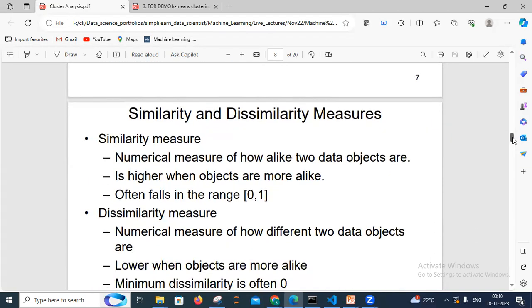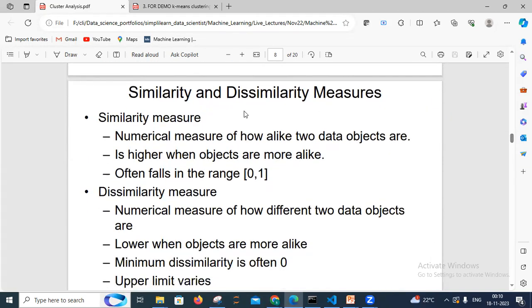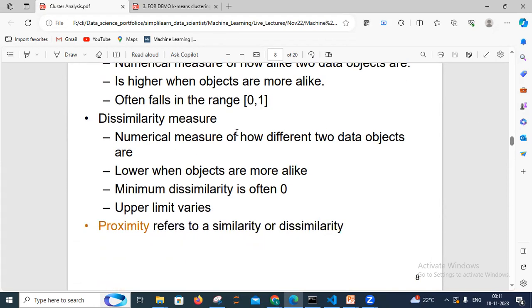A similarity measure is a numerical measure of how alike two data objects are; it is higher when objects are more alike, and often falls in the range 0 to 1. A dissimilarity measure is a numerical measure of how different two data objects are; it is lower when objects are more alike, which is totally different from similarity, and the upper limit varies.